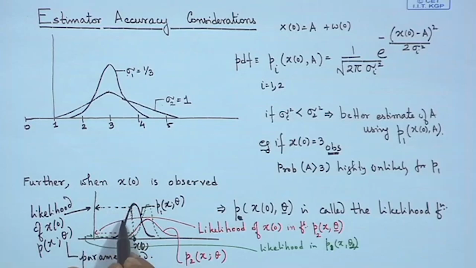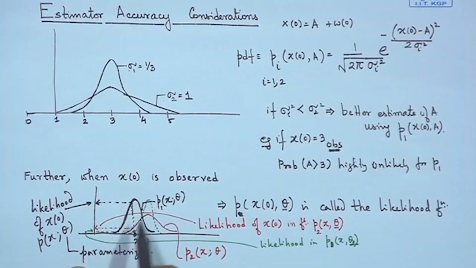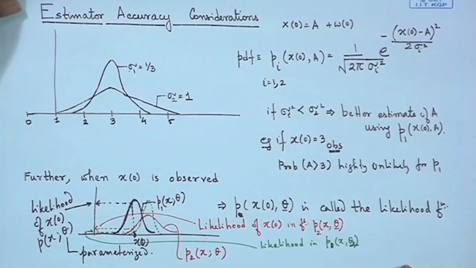So, all what we try to mean is that the more accurate estimator will be the one which has a lower variance, and as well as it is parameterized by the unknown parameter theta. So, our job would be to find the parameter using the likelihood function, and this description also explains why we call the PDF, when it uses the data set and the unknown parameter, the likelihood function.